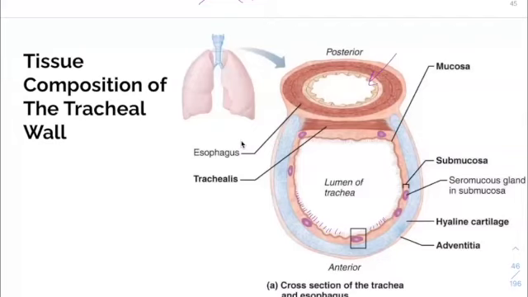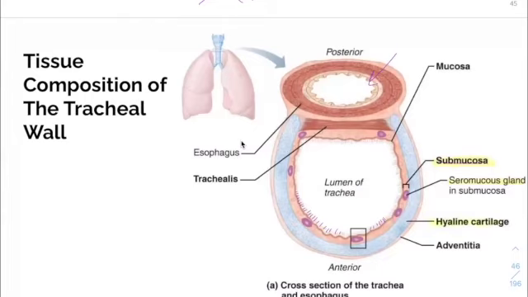We have a submucosa. That is just underneath that pseudostratified ciliated columnar epithelium. In that submucosa, we said we had those seromucous glands. We have that hyaline cartilage in there.